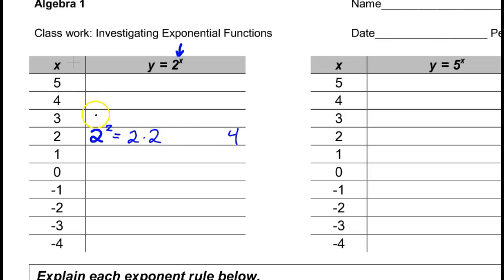And 2 to the 3 power right above it, which is 2 times 2 times 2, which equals 8. All right, continue all the way up. Just keep going all the way up.